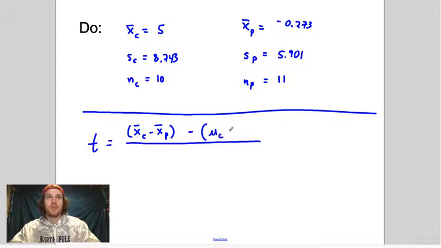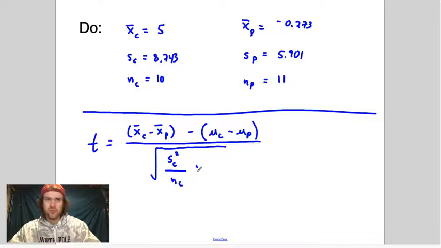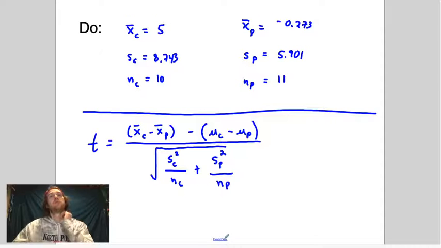So we're using this to estimate that, and the standard deviation of our statistic, x bar C minus x bar P, is the square root of s_C squared divided by the sample size from C plus s_P squared divided by the sample size from the placebo group.